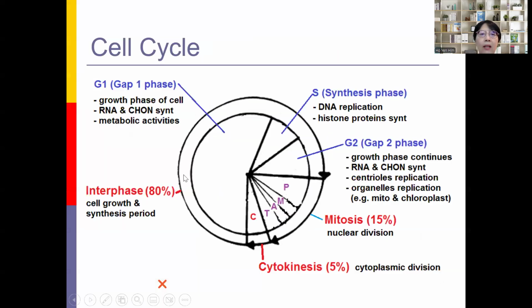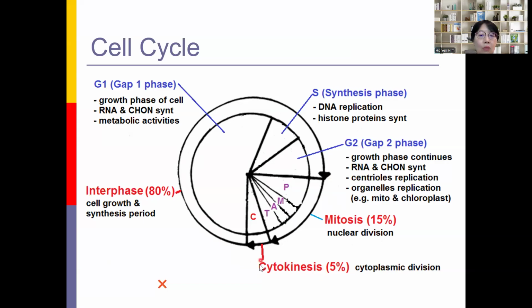So a cell cycle starts after a cell is newly divided until it divides again to form 2 daughter cells. So it involves interphase. So 80% of the cell cycle is interphase, followed by 15% mitosis and 5% cytokinesis.